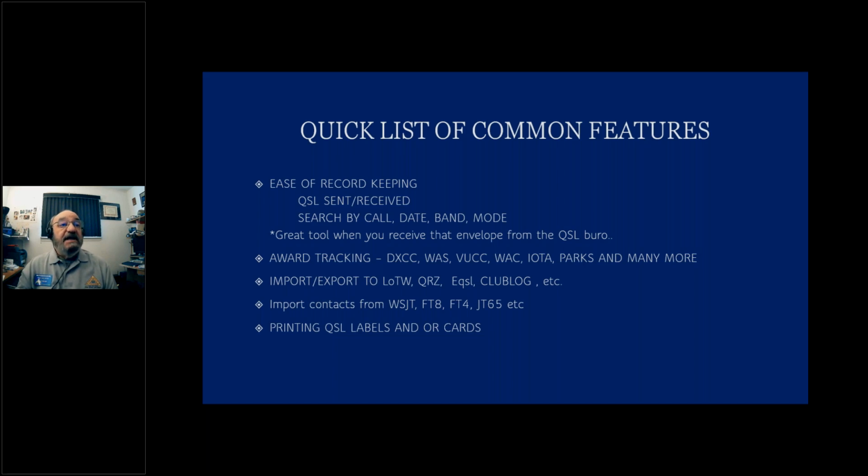You can import contacts from all the various types of programs, your WSJT, meaning FT8, FT4, and all the other digital modes that you prefer to operate. And you can print labels and cards and so on like that.